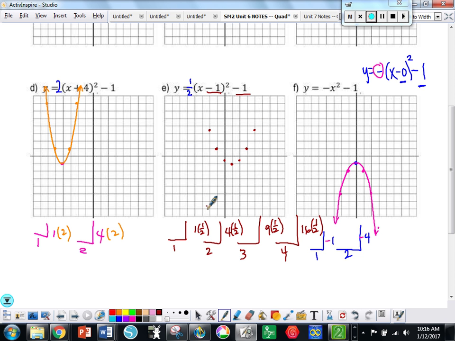And if I could go over 4, how high would I go up? 8. So I do 1, 2, 3, 4 up. The more points you put on your graph, the more accurate your graph will be, the more likely you are to get full credit on the test.